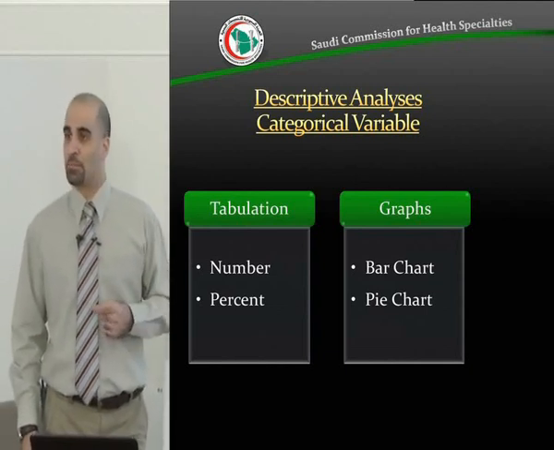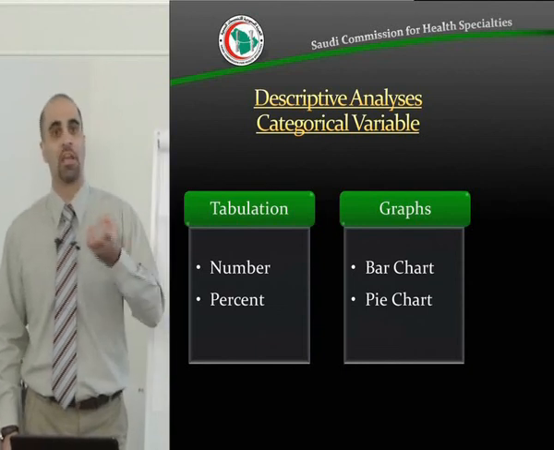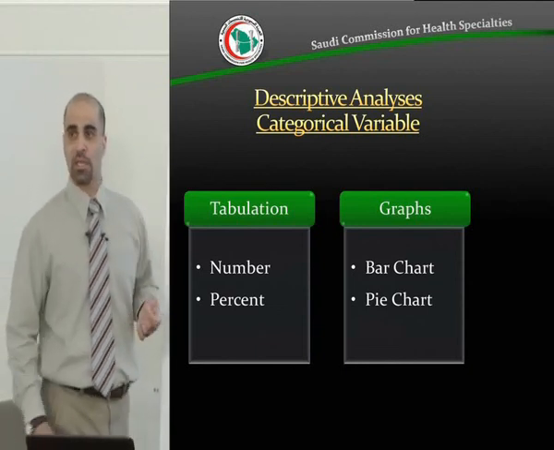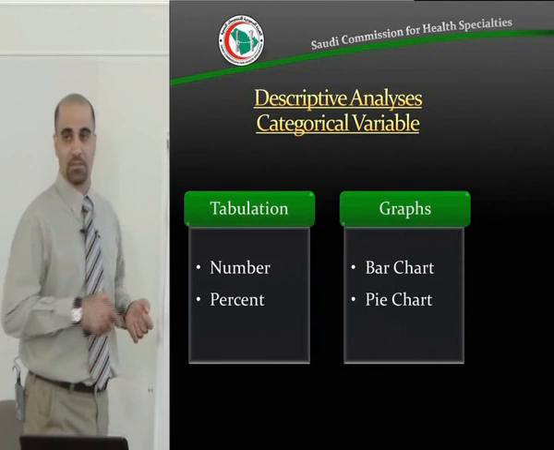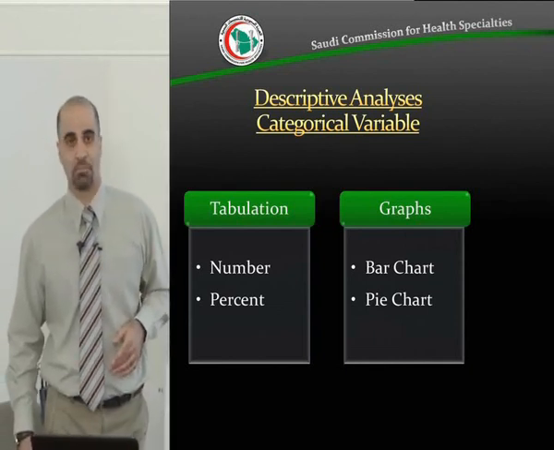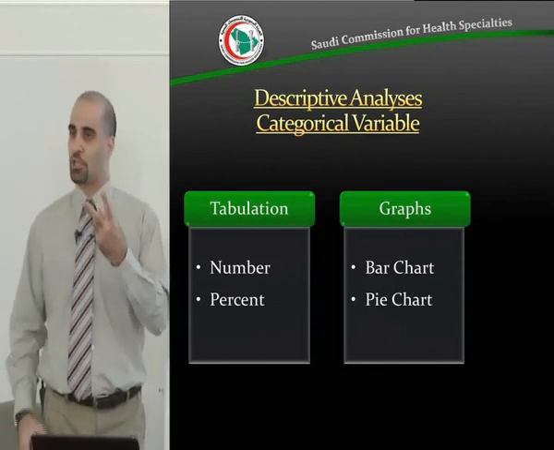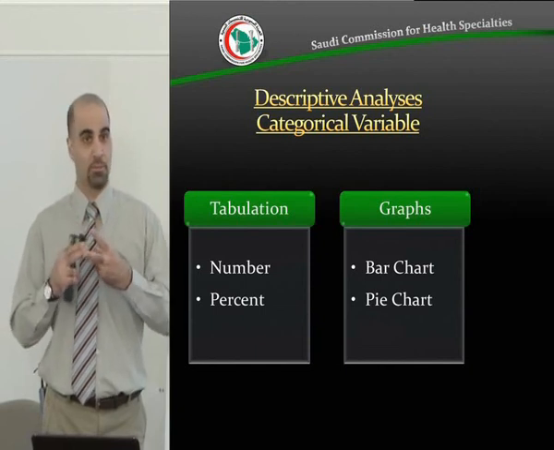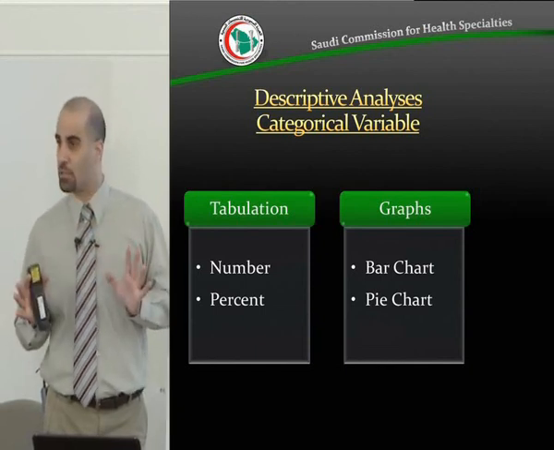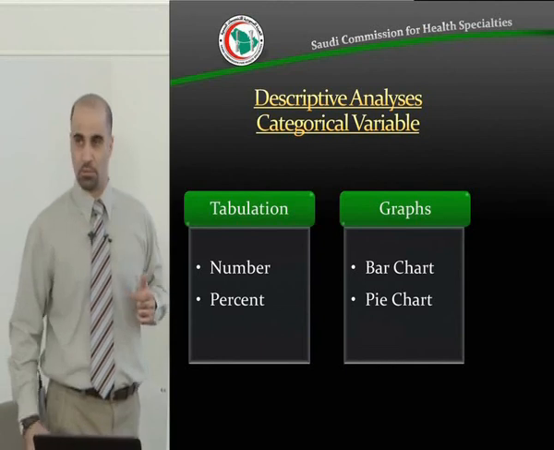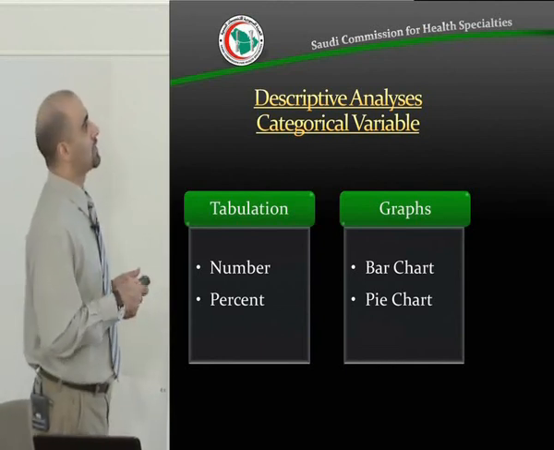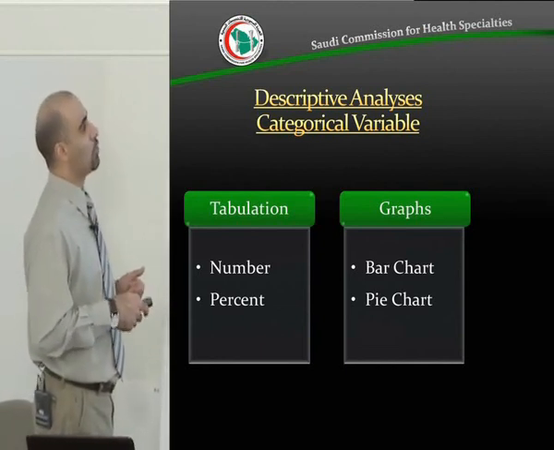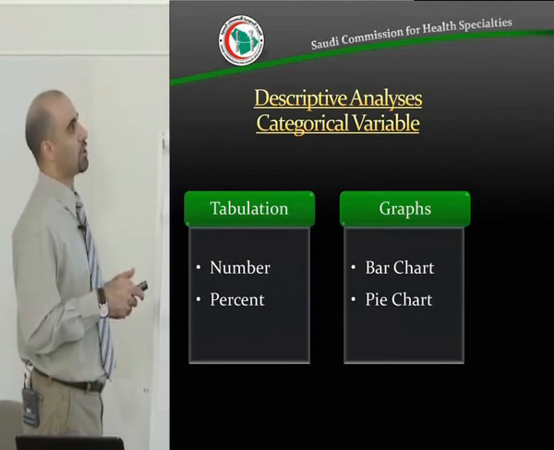But 100 males out of 1,000 is a minority of males. This is why if I give only percent, I might tell you I have 50% males, when in fact I have two patients, one male and one female, it's 50%. Or I might have 1,000, 500 and 500, it is also 50%. So this is why in tabulation, I always give a number and percent for a categorical variable.